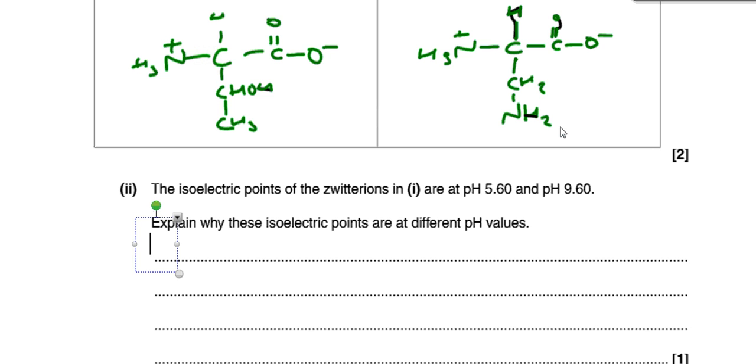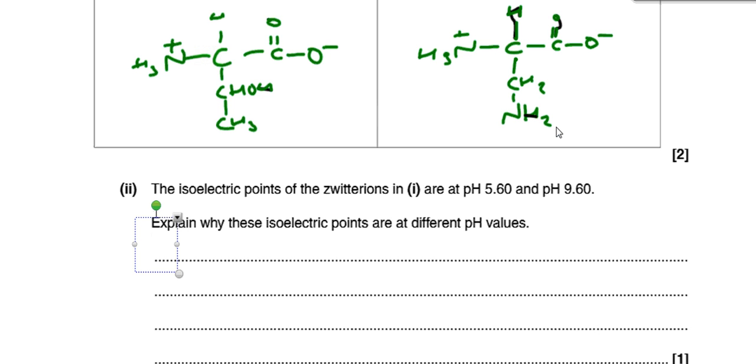Because you don't want this amine group to react, it has to have a higher pH to form its zwitterion, so that this group doesn't become protonated, doesn't gain an H+. So this amino acid will have the higher pH isoelectric point in order to avoid protonation of that amine group.